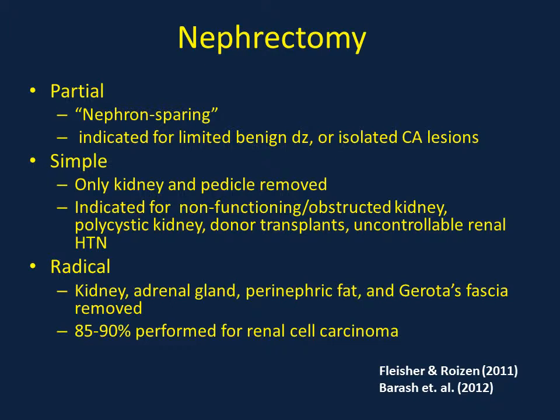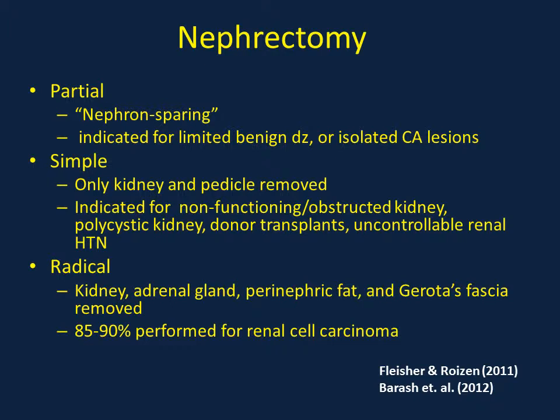So there are 3 types of nephrectomy: partial, simple, and radical. Partial nephrectomies, also known as nephron sparing, are indicated for limited benign disease and even isolated cancerous lesions. The goal for this procedure is to retain as much of the normally functioning portion of the kidney as possible. A simple nephrectomy is the removal of the kidney and renal pedicle only.